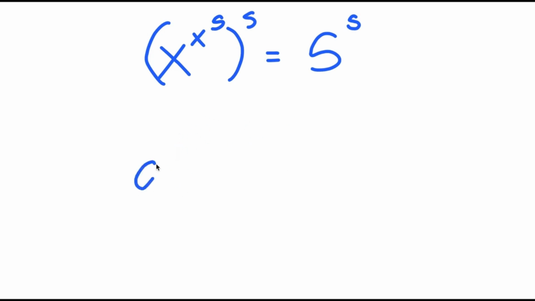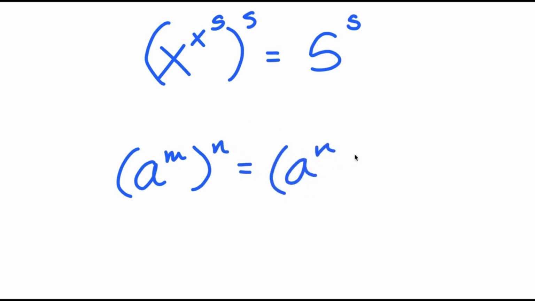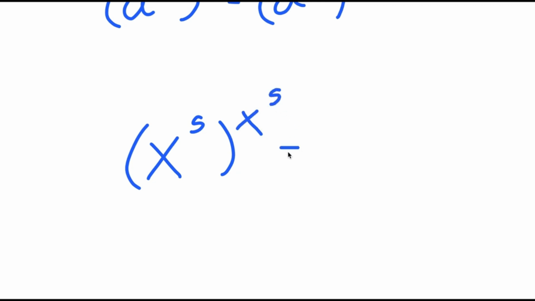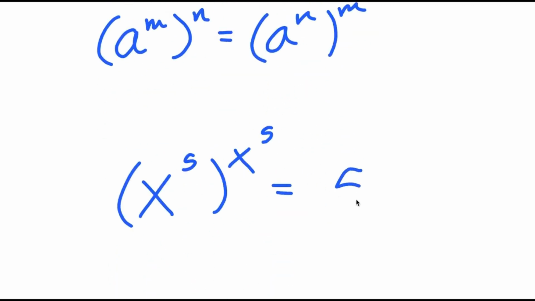And if I have something in the form a to the power of m to the power of n, this is equal to a to the power of n to the power of m. So x to the power of x to the power of 5 to the power of 5, I can switch the places of 5 and x to the power of 5. So I get x to the power of 5 to the power of x to the power of 5 is equal to 5 to the power of 5.